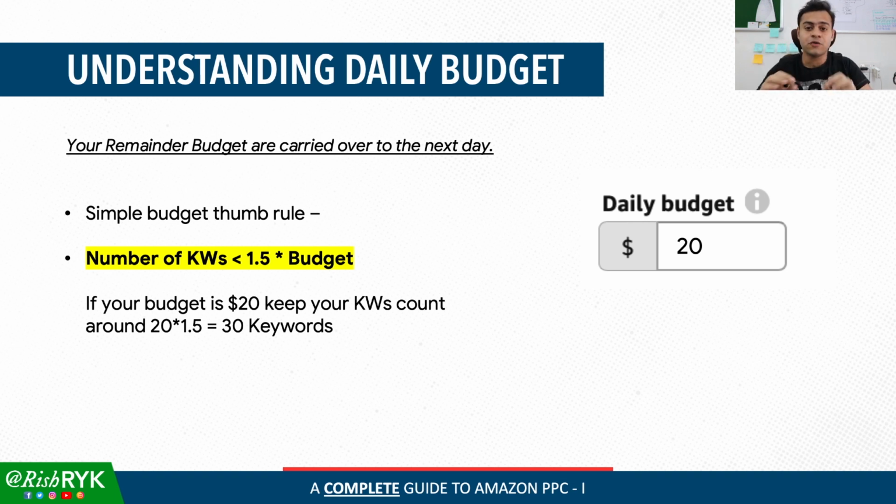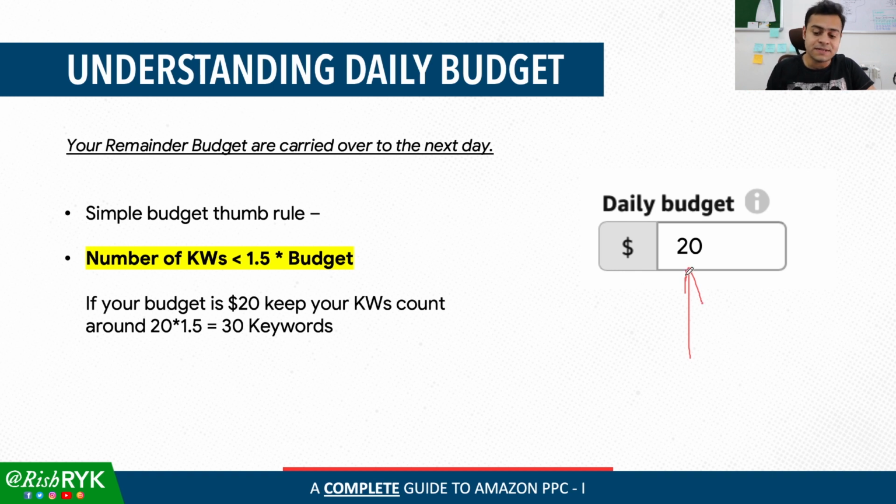The important thing is that when you're putting keywords in your manual campaign, you have to ensure that the number of keywords is always less than 1.5 times the budget. For example, let's say you figured out that you only want to spend $20 every day on your manual campaigns.